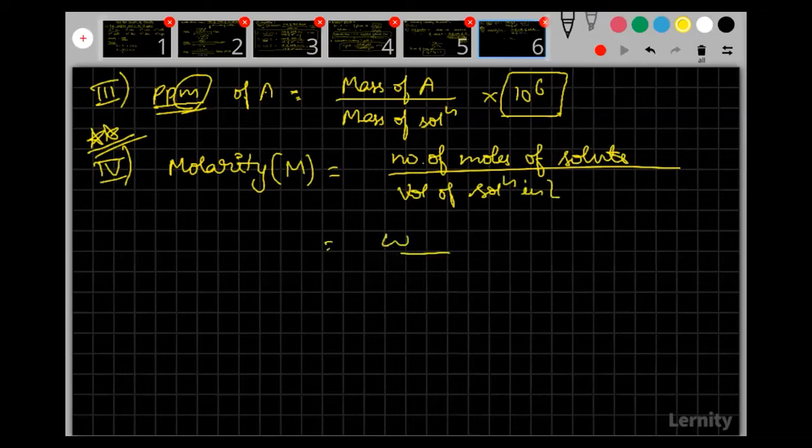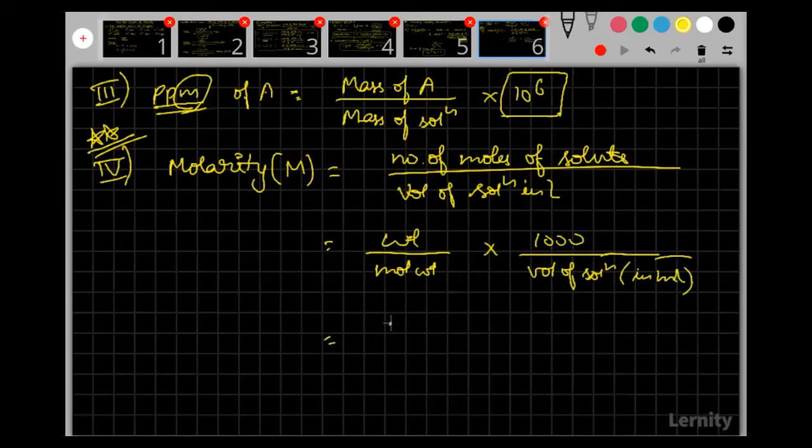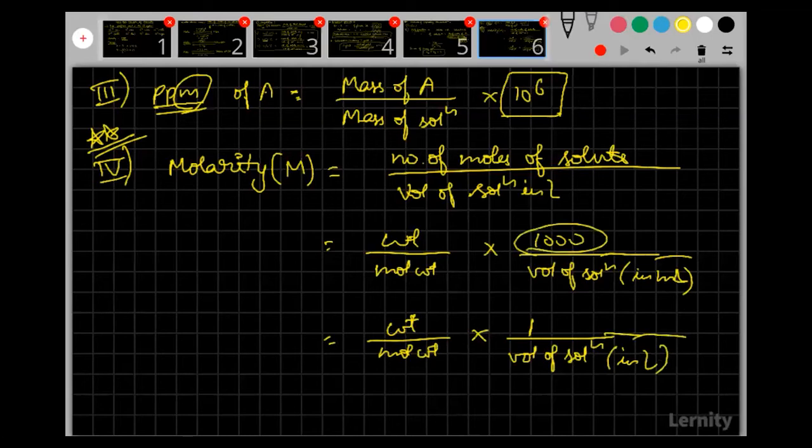We can simply write it as weight by molecular weight into 1000 by volume of solution if we are taking it in ml. So be careful with the units here. Similarly, it is weight by molecular weight into 1 by volume of solution in liters. If we have taken it directly in liters, I need not multiply by the factor of 1000.